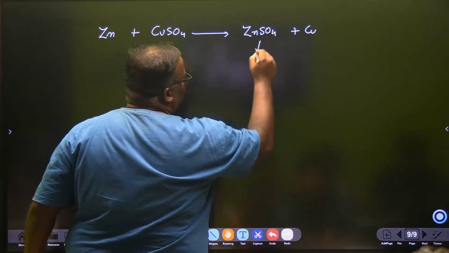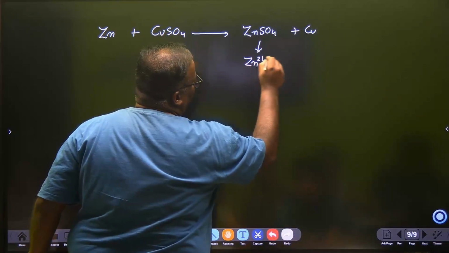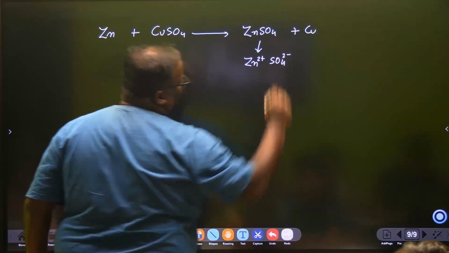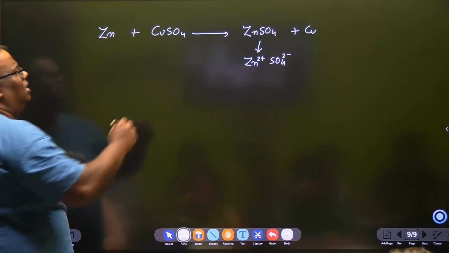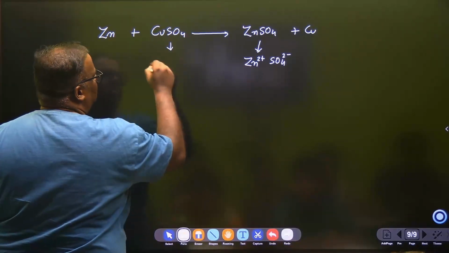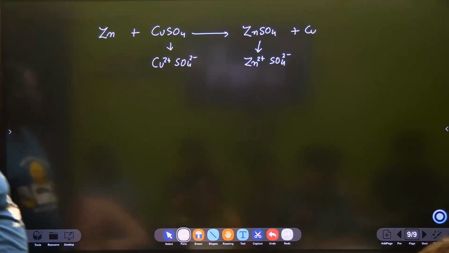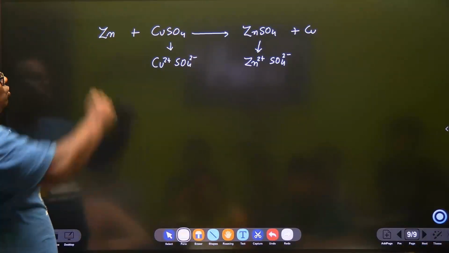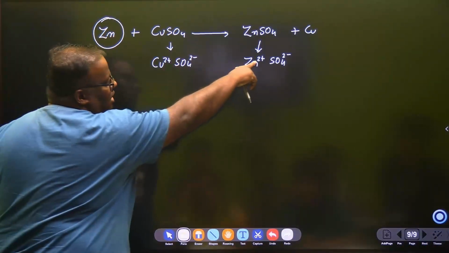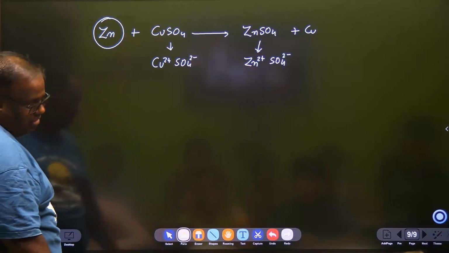This thing is composed of two ions, Zn2 plus and SO4 minus. Be prepared to study this, whether it is in your syllabus or not. This is Cu2 plus SO4 minus. So let's look at the reaction. You were zinc, you became zinc ion or zinc cation.